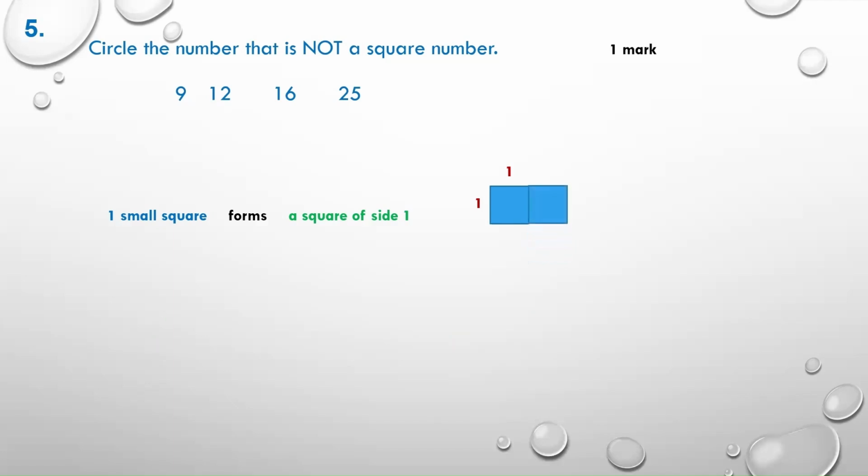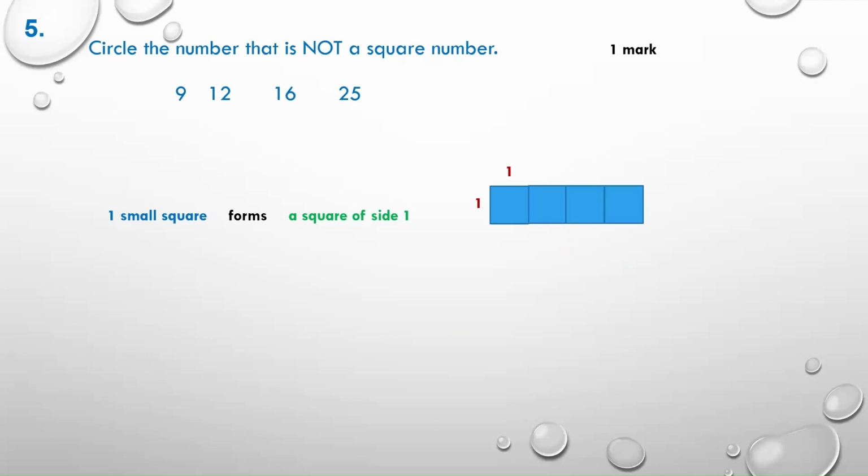What about if I put 2? If I put 2 squares together, is that a square number? Can I form a square from it? No, I cannot. If I put 3 together, can I get a larger square? Can I rearrange it somehow? No, I can't. What about if I put 4 squares?